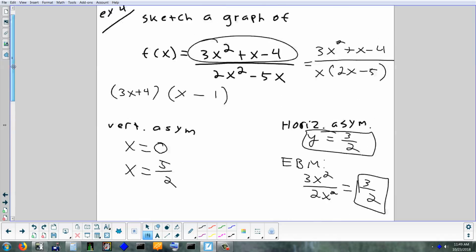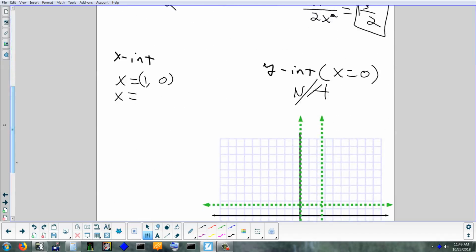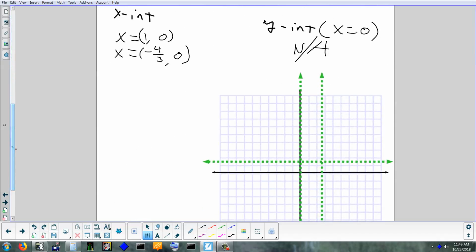And it's also going to be at negative 4/3. So those have got to be in different sections of asymptotes. Let's take a look. 1, 0 is in the middle section, and negative 4/3, it's like negative 1.3. That's about right there.